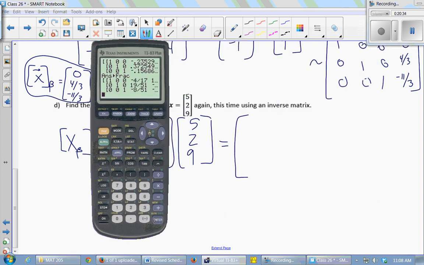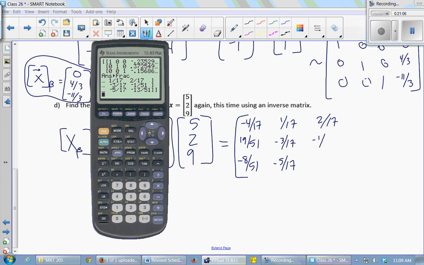Change that to fractions. Okay, so my inverse matrix is -4/17, 19/51, -8/51, 1/17, -3/17, -5/17, 2/17, -1/51, -13/51.